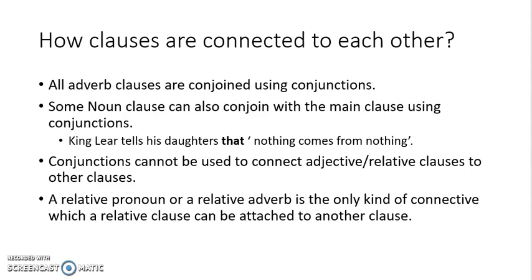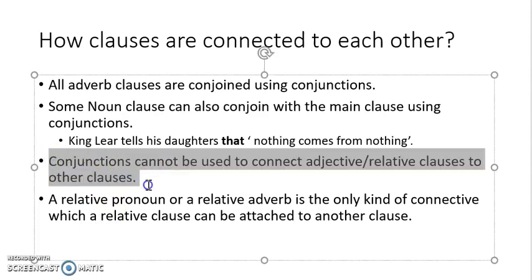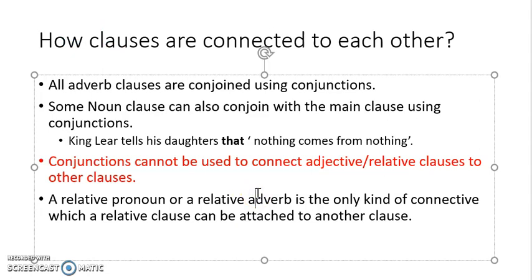In certain noun clauses we can use conjunctions to conjoin two clauses. But the most important thing to keep in mind is that in adjectival clauses or relative clauses, conjunctions cannot be used to connect them.